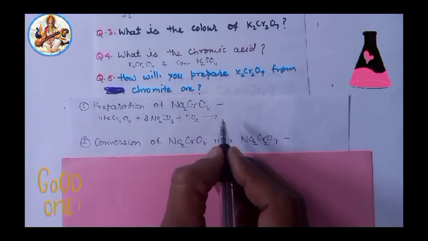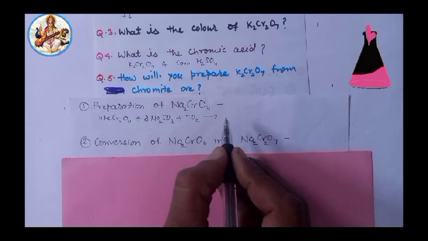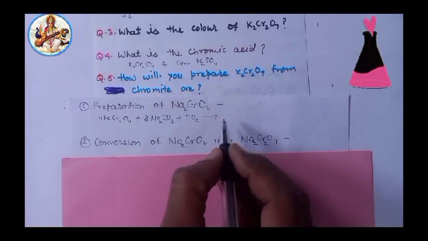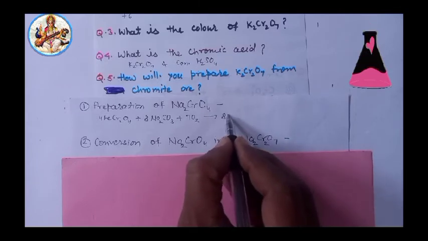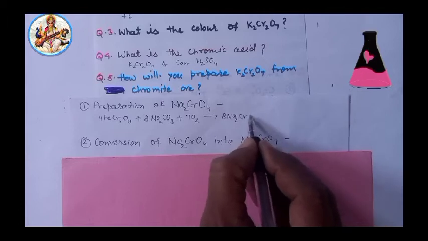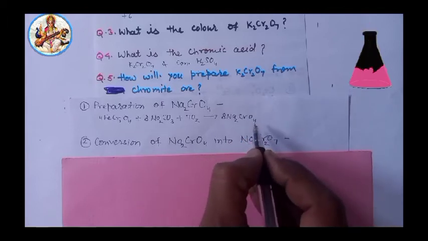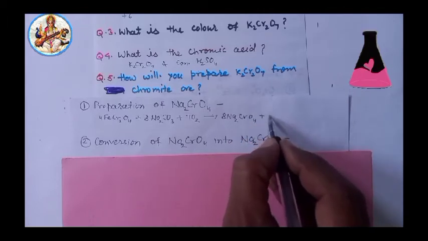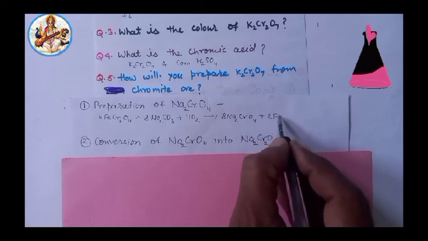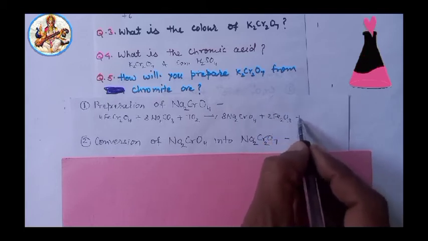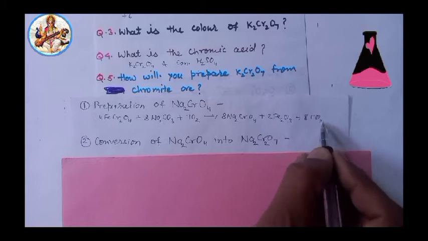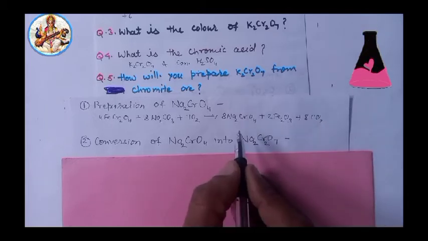Then a yellow solution of sodium chromate is formed. So 8 moles of sodium chromate, and the byproducts are 2 moles of Fe2O3 and 8 moles of CO2.